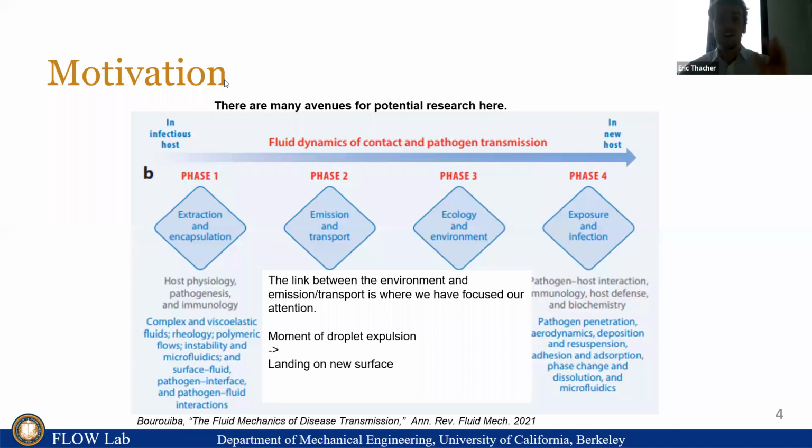Yes, there are lots of different stages in this process from an infectious host to a new host, including the uptake of the virus in the droplets, where the droplets are expelled, and what the size distributions are that are being produced. We're not considering that. We're basically just considering the moment the droplets get expelled to the point that they land on the surface. So nothing to do with the actual uptake of virus in the original droplets, and nothing to do with the infection once the droplets land on something else.